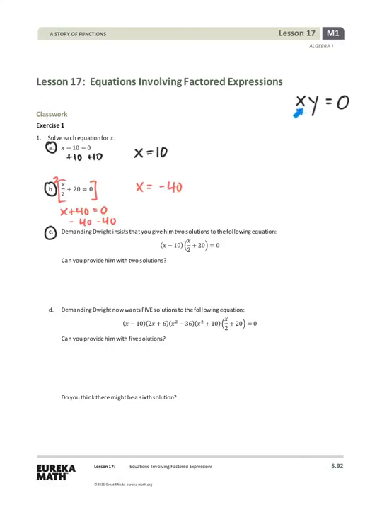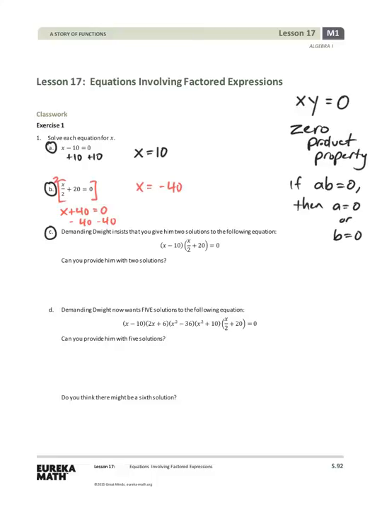One or both of these numbers has to be 0. That's called the zero product property. Basically what it says is that if A times B equals 0, then A equals 0 or B equals 0. Okay, that's what we know.